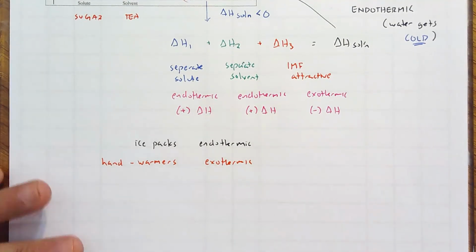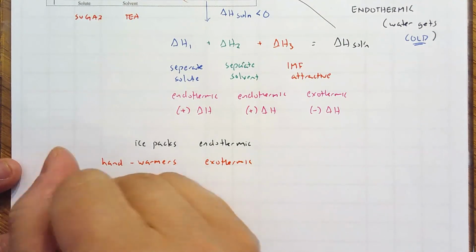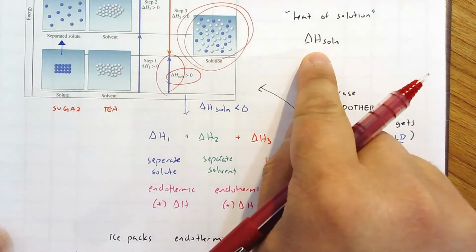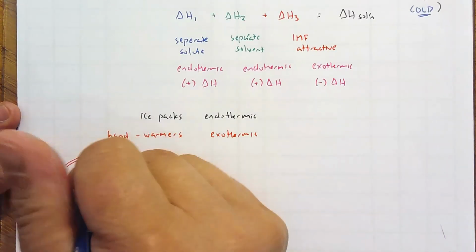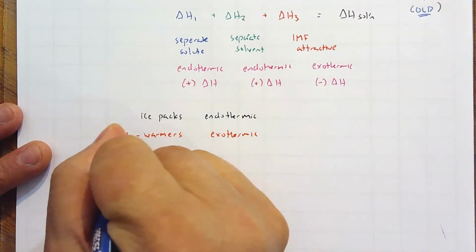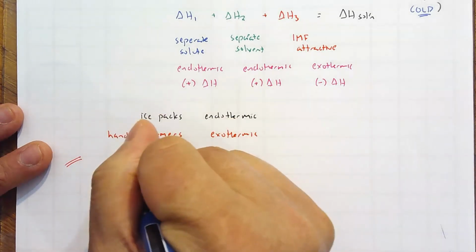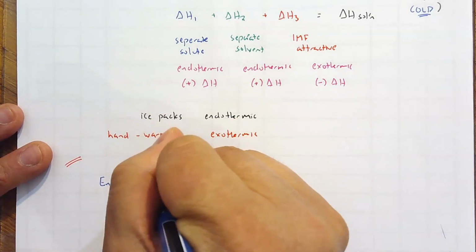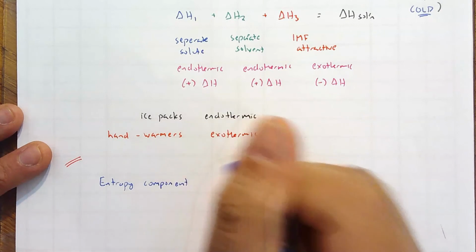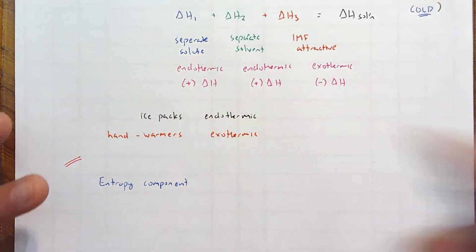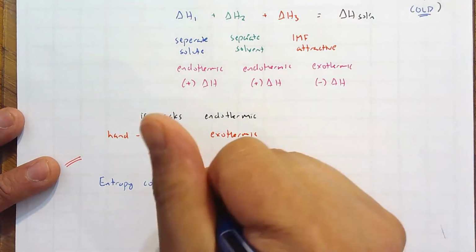Now, I would be remiss in telling you that not only is there a heat component to mixing, but there's also what's called an entropy component. But we are not going to talk about the entropy component of mixing. The heat component will take care of a lot of the problems that we'll see in this unit.